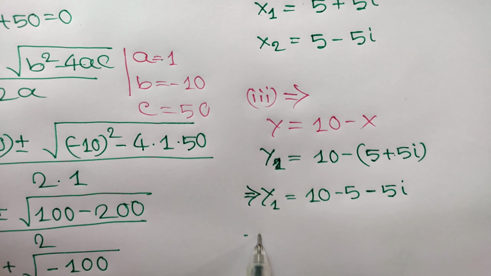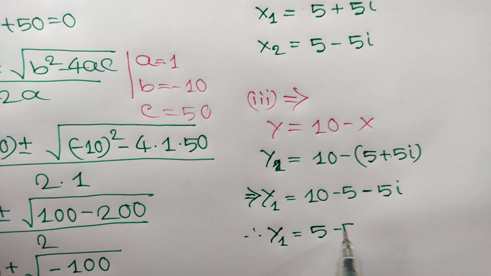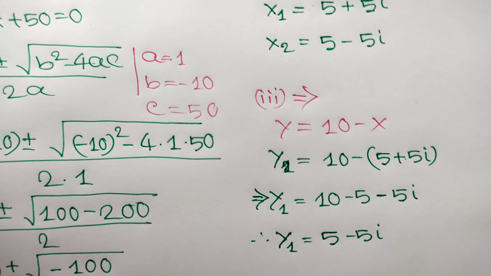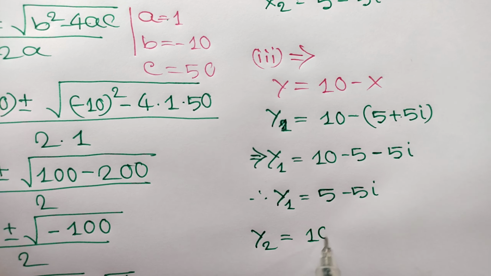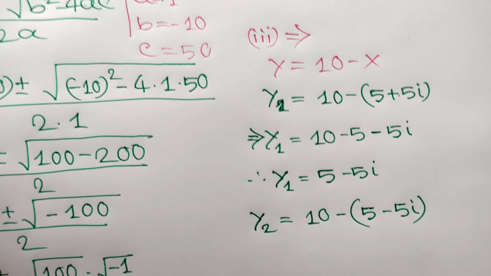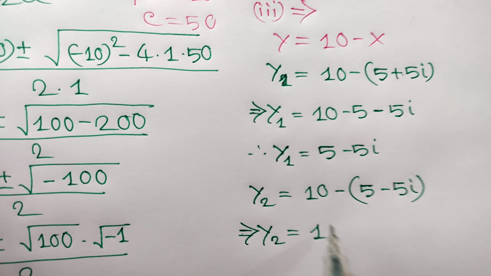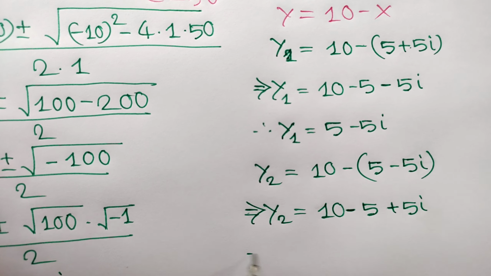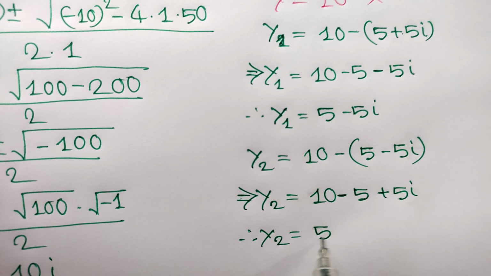So y1 is equal to 5 minus 5i, and when x2 is equal to 5 minus 5i, then the value of y2 is equal to 10 minus 5 minus 5i, or y2 is equal to 10 minus 5 plus 5i, or y2 is equal to 5 plus 5i.